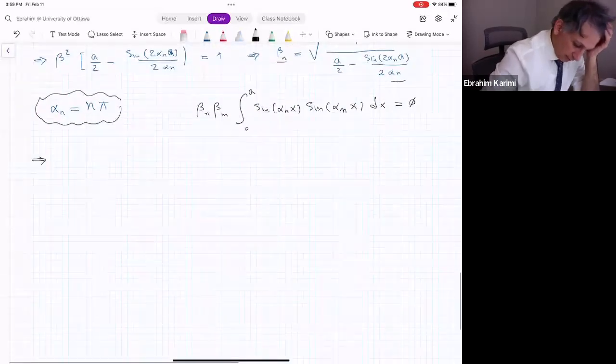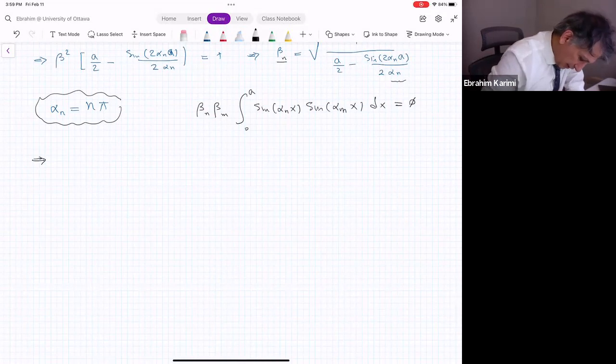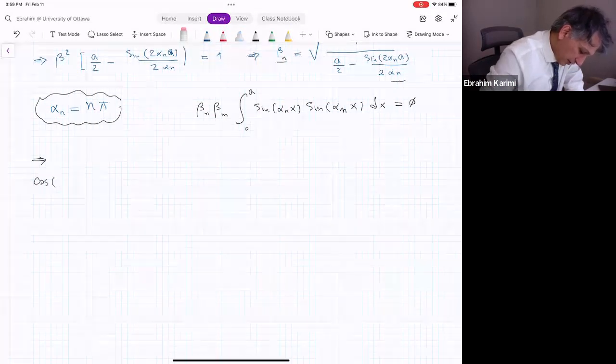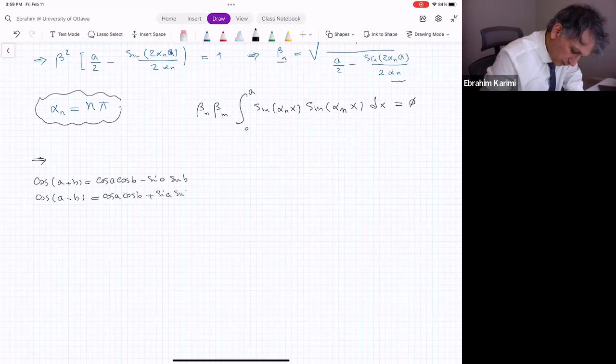So again, we have to go to trigonometry. And since I don't memorize things again, I have to do the mathematics. Cosine of a plus b, not going with alpha beta, let's go with a and b. Cosine of a plus b is equal to cosine of a cosine of b minus sine of a sine of b. Cosine of a minus b is equal to cosine of a cosine of b plus sine of a sine of b.